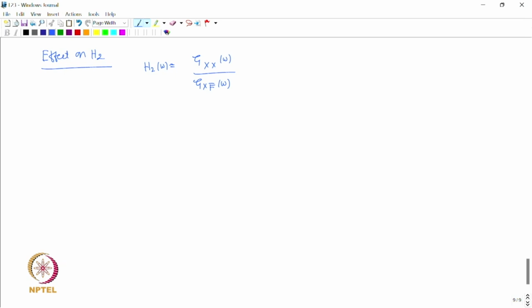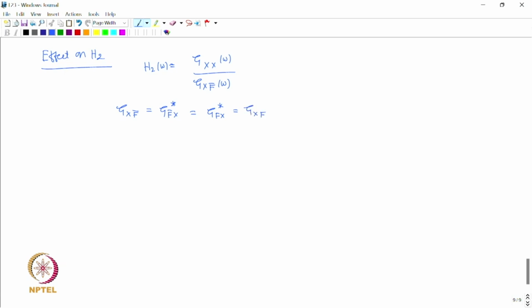Now, we have seen that G x f bar will be equal to the complex conjugate of G f bar x, and just now we saw that G f bar x is nothing but G f x, and the complex conjugate of G f x is nothing but G x f, isn't it.